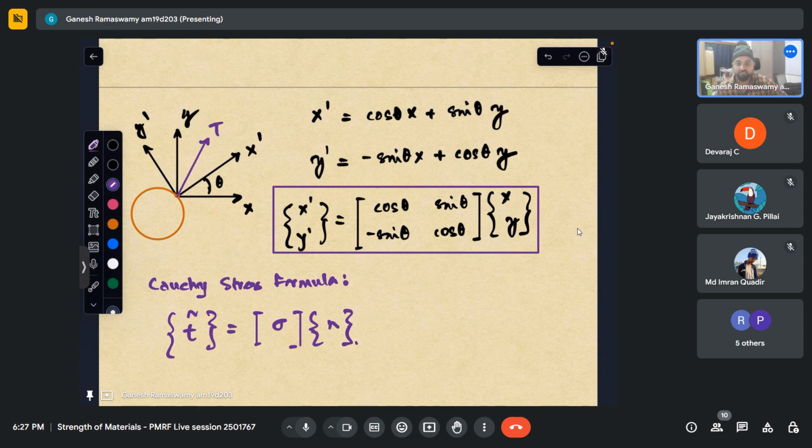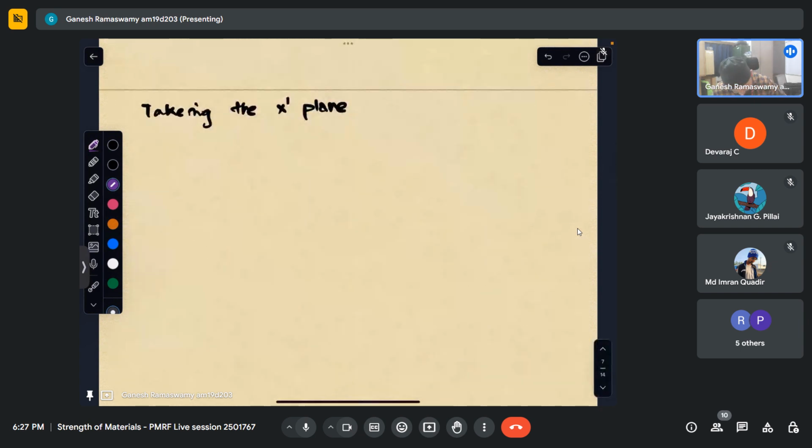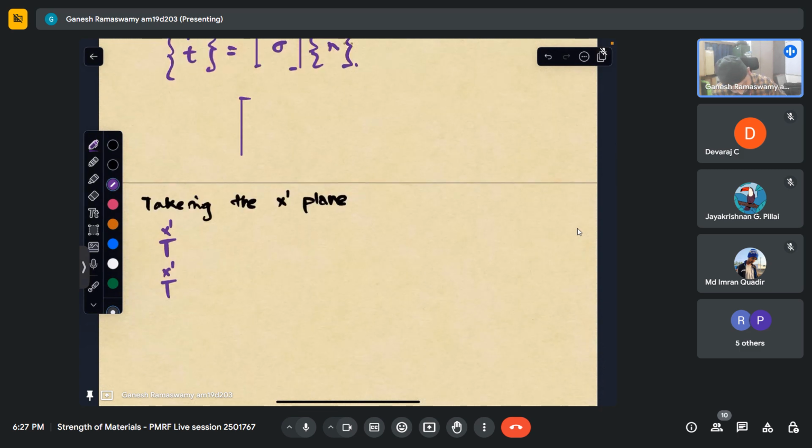So how do we represent the traction vector? As t, and we have to represent the normal vector along that. So t x prime is nothing but t x prime x, t x prime y. Let us say that the stress tensor at this point is represented as sigma xx, sigma xy, and sigma xy again, and sigma yy.